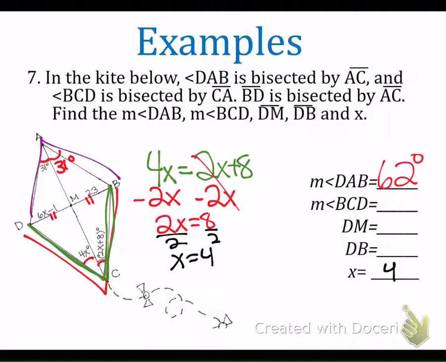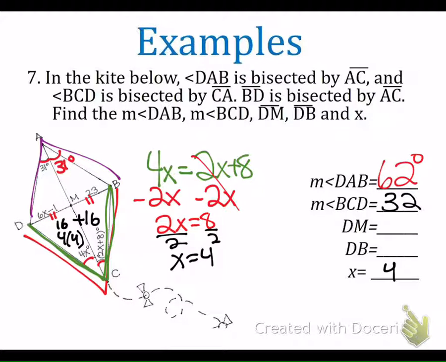No. You've got to plug it back in. So I can do 4 times 4 to find that angle. What's 4 times 4? 16. And 2 times 4 is 8, plus 8 is 16. So if we have a 16-degree angle plus a 16-degree angle, it's what? 32. Good.